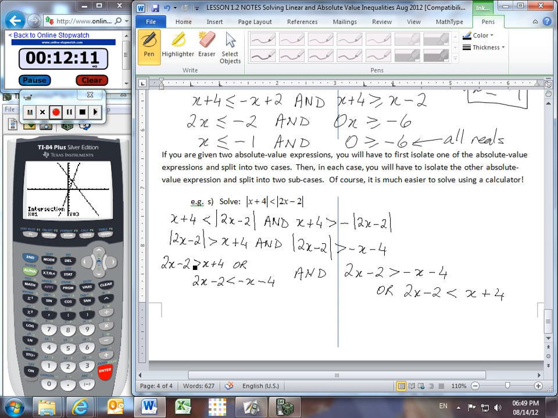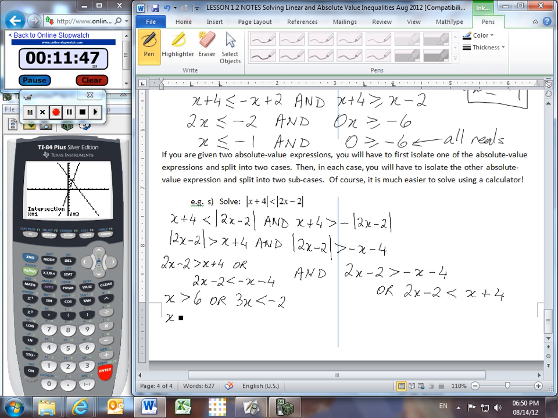So my first one, if I move my x's to the left, it becomes a negative x, so 2x minus x leaves me with just 1x is greater than, and my negative 2 moves to the right, becomes a positive 2, so that's a 6. Or, let's move the negative x to the left, becomes a positive x, I've got 3x, and my negative 2 as it moves to the right becomes a positive 2, yielding negative 2.